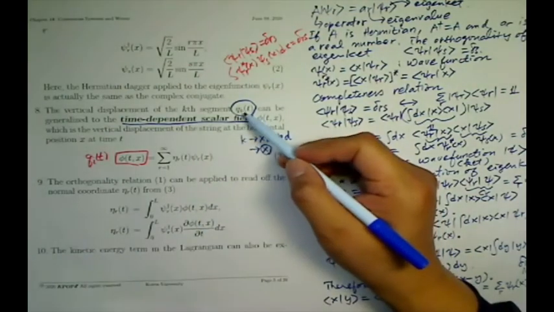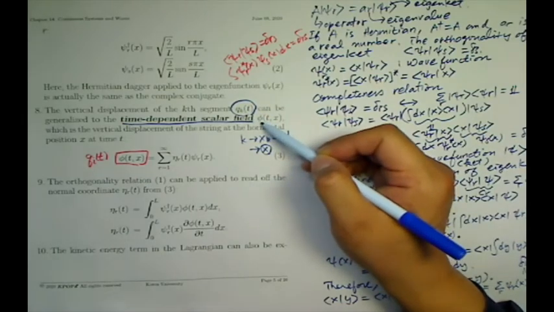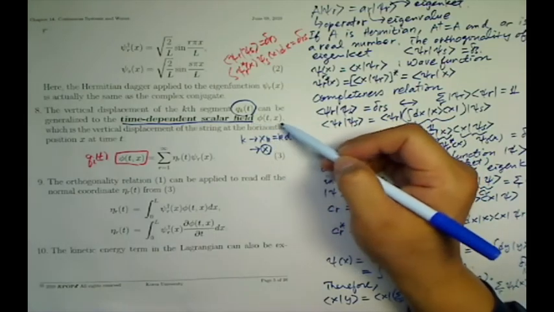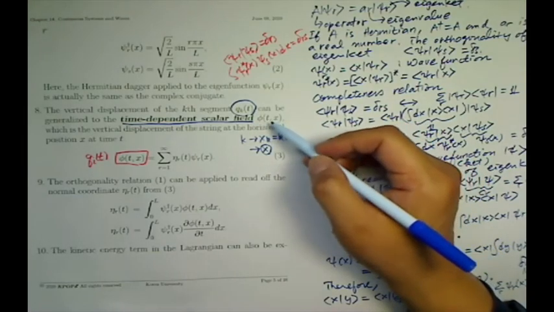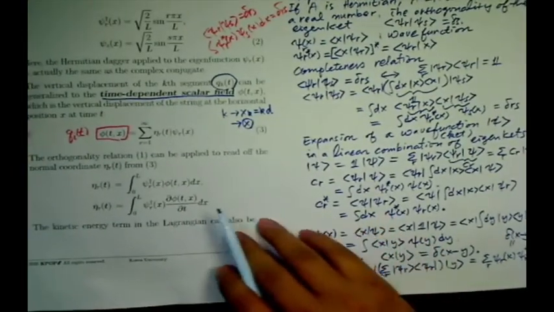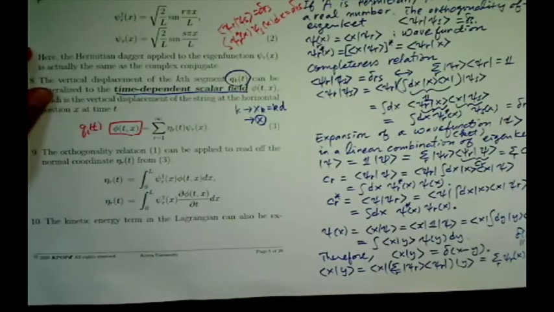So instead of writing q_k, we replace q with phi and k with x. So this is a scalar field that is a function of both time and space. Thus, the string vibration is described by this time-dependent function, a scalar field.